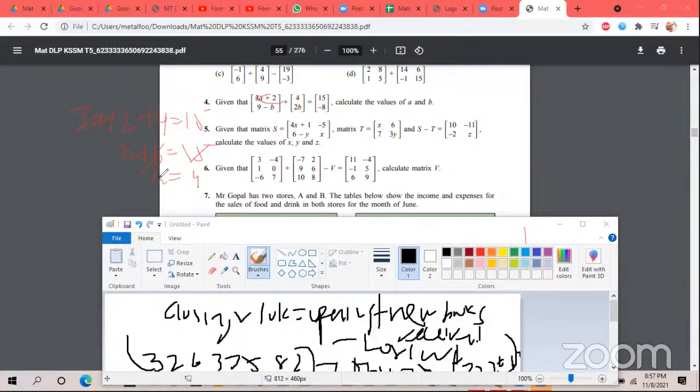A equal to 3. 9 minus b plus 2b equal to -8. So it'll be 9 plus b equal to -8. B equal to -8 minus 9 is -17, all right?